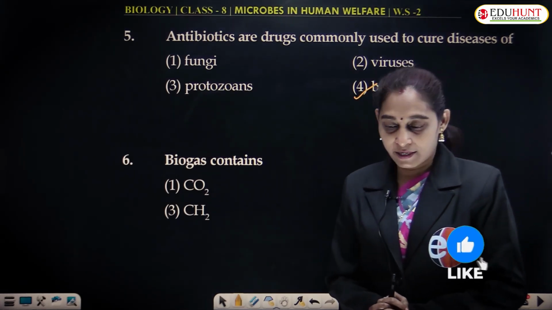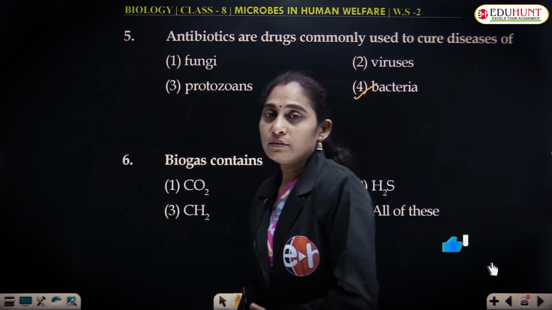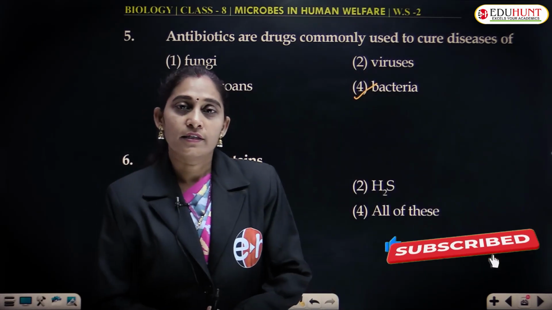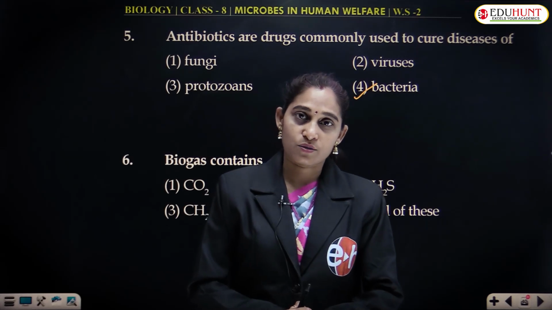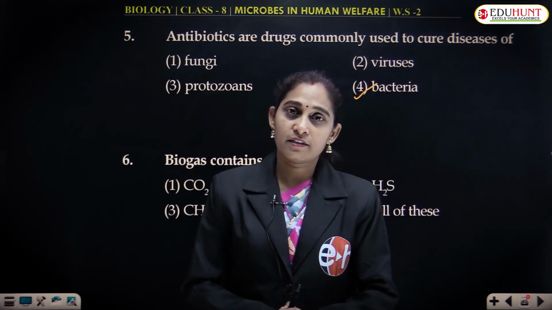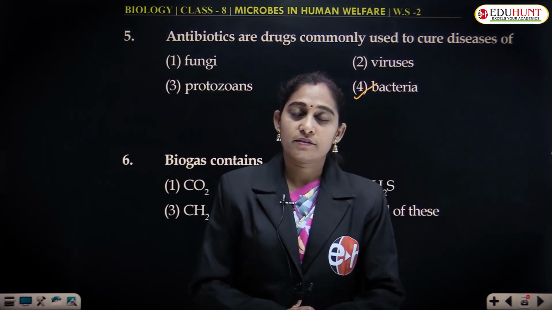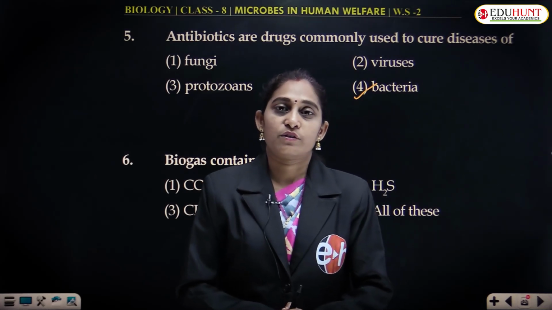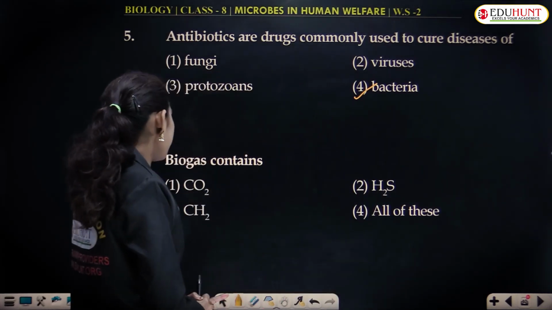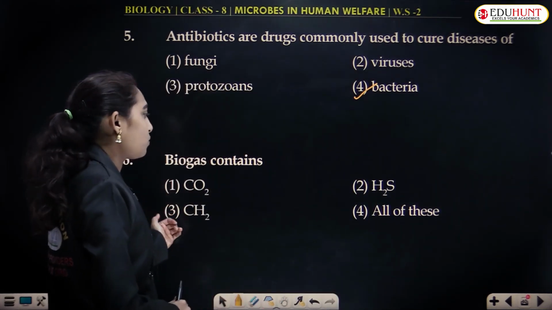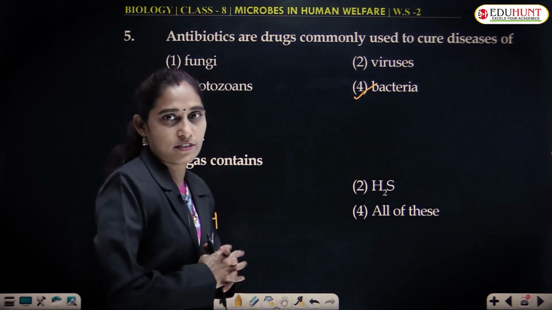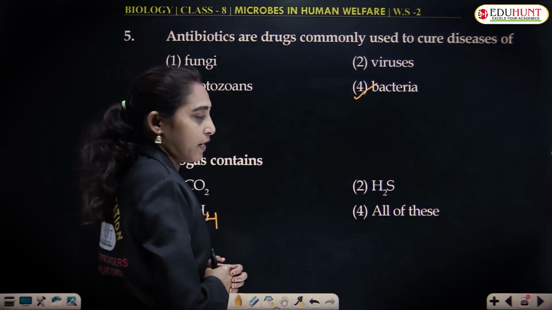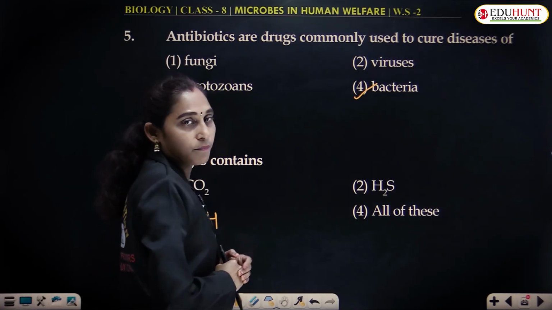Biogas contains. Remember the three important gases present in the biogas: methane, carbon dioxide, and hydrogen. So all the three, CO2, CH4, even H2S will also be there in the biogas.